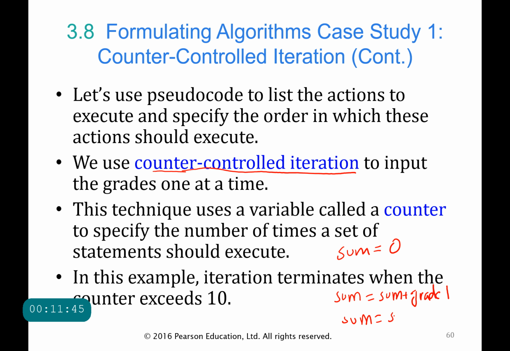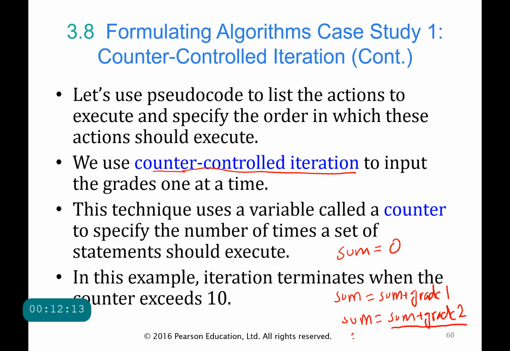And so what this will keep doing, if you keep repeating this and you do it 10 times, what you will have is a variable sum which will contain the accumulated sum of all 10 grades that the user entered one by one.